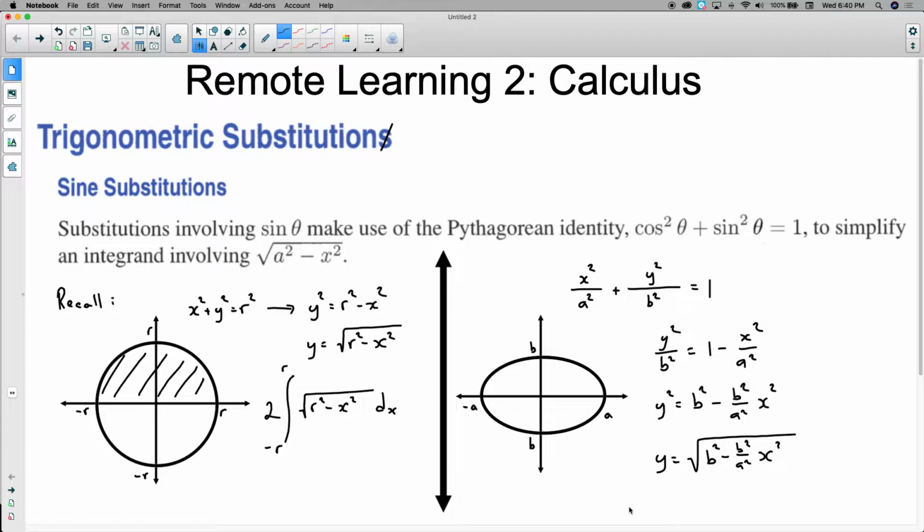So an example will help out with that. But my point here is to show you that what appears to be a random algebraic structure, the root of a squared minus x squared, is really quite common, because anytime you're trying to find the area of a circle or an ellipse, we know a formula for a circle.